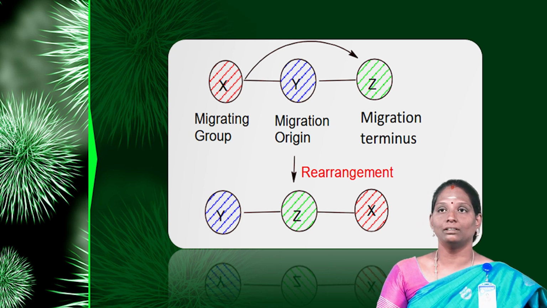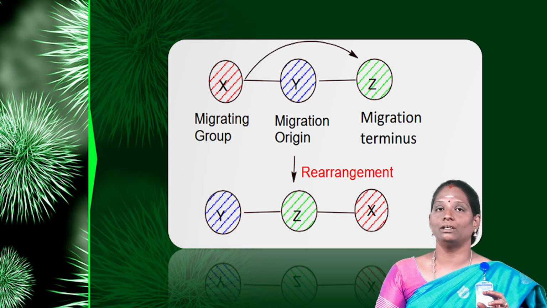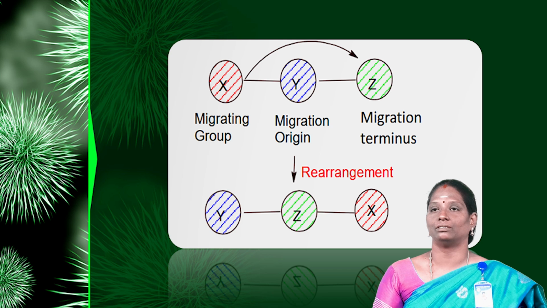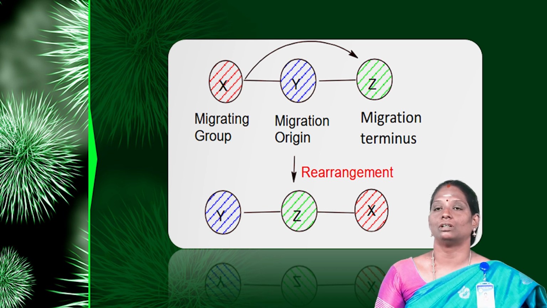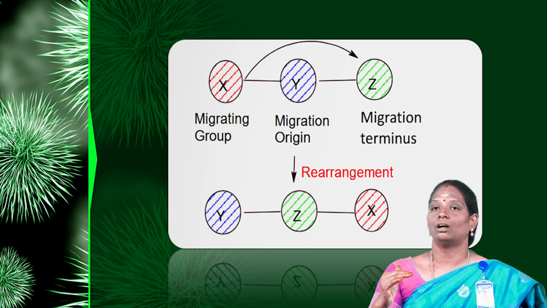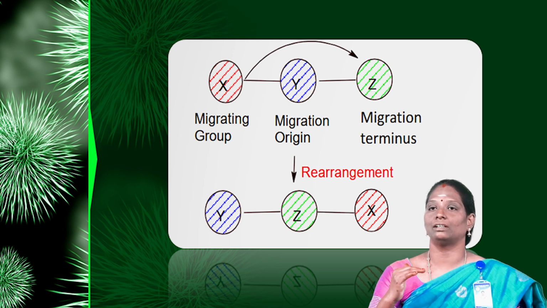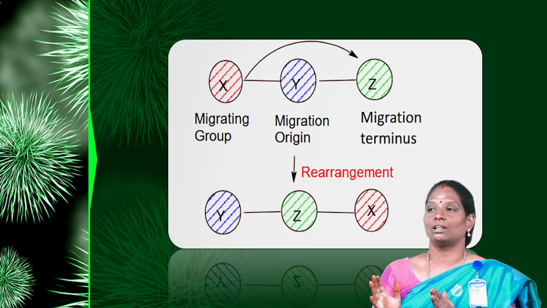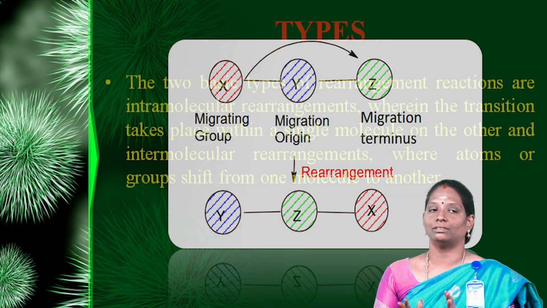On the other hand, a rearrangement may be a multiple-step reaction that includes the migration of a hydrogen atom or of a larger fragment as one of its steps. This is the general introduction about molecular rearrangement.